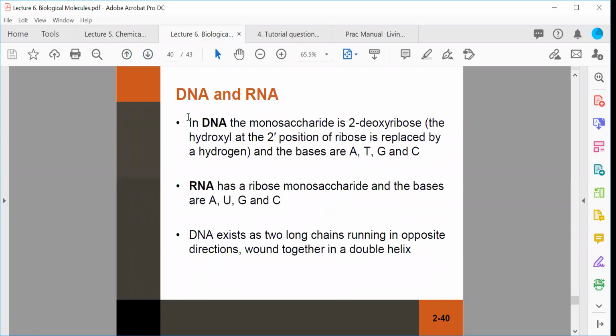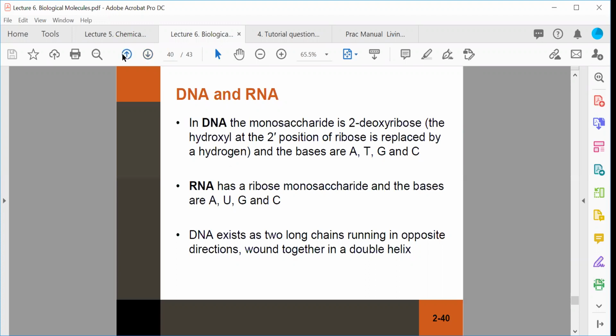All right, so let's sum up what we've learned so far. In the nucleic acid called DNA, the monosaccharide, or the sugar, is always 2-deoxyribose, which simply means that the OH, that is the hydroxyl, at the number 2 position in that sugar is replaced simply by a hydrogen.